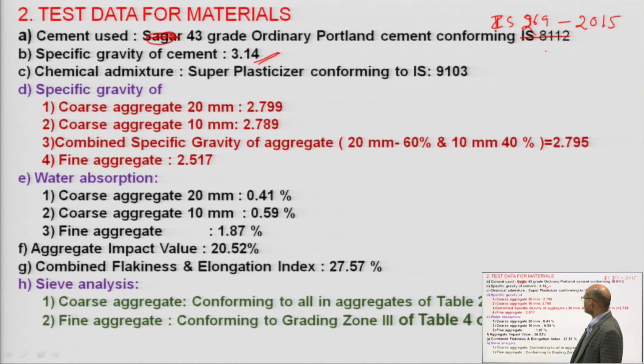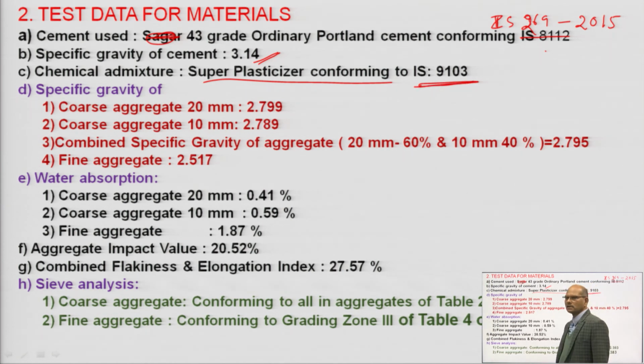For the specific gravity of chemical admixtures, we are using superplasticizer conforming to IS 9103. This code also you are supposed to refer while you are designing any mix.